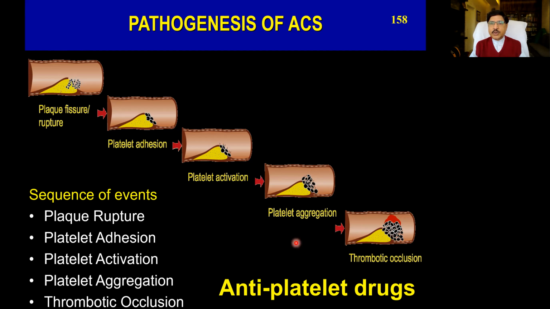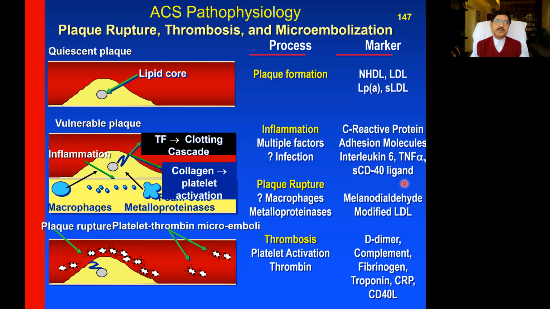Once it has progressed, you use thrombolytics like streptokinase, urokinase, or all the newer agents to dissolve this clot, or you use a procedure to clear the occlusion. So antiplatelets up to here, anticoagulants here, thrombolytics and procedure here.